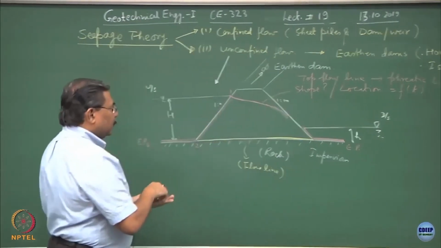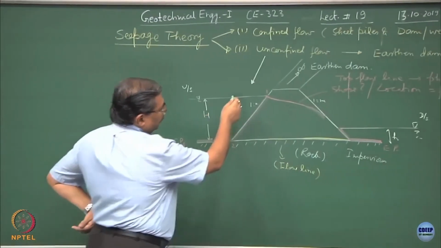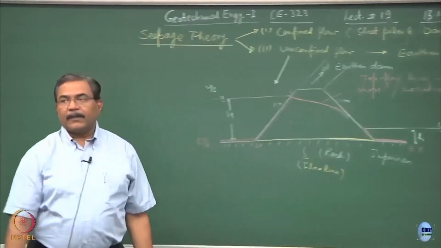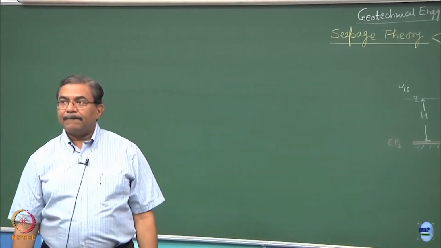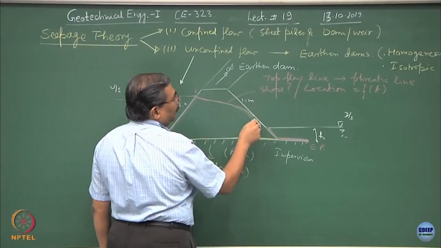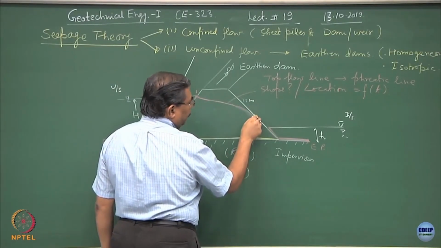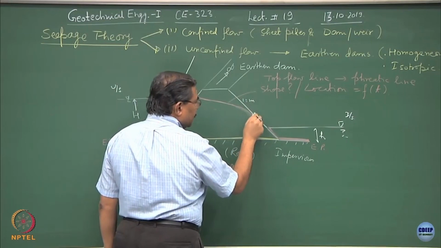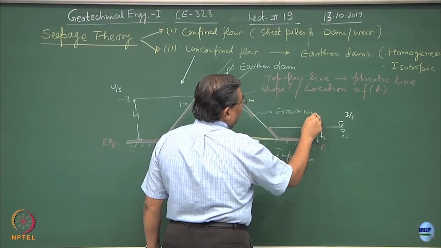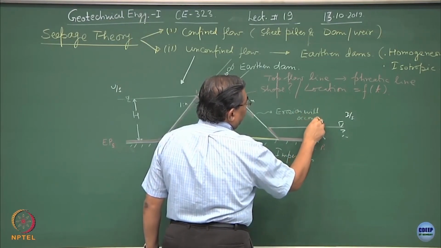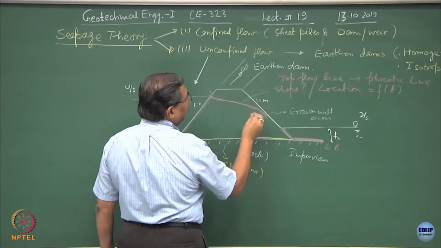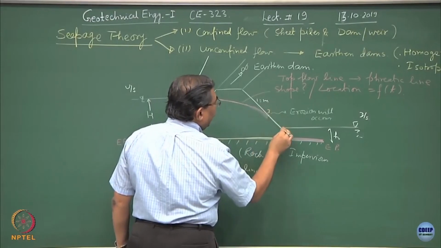Now what I am intentionally trying to show over here is, if you allow this type of seepage pattern to occur, it goes and hits somewhere over here, and this is what we were discussing in the last lecture. Meaning thereby, if the line of seepage or the seepage flow hits the earthen dam at the downstream side, from this point onwards the erosion will occur. What happens between, let us say, if I define this as 3 and 4.